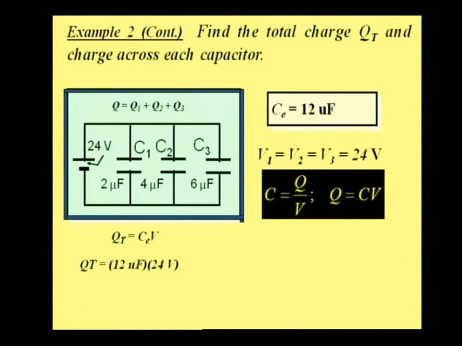By multiplying 12 into 24 we get Qt, that is 288 microcoulomb, because coulomb is the unit for charge.